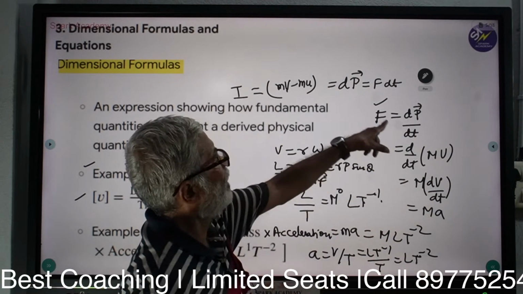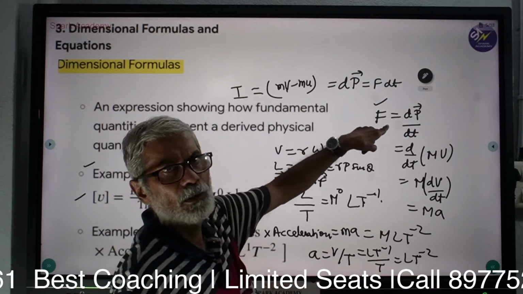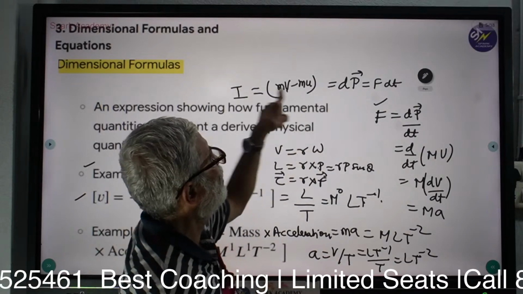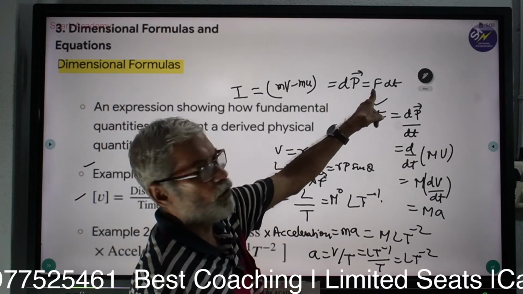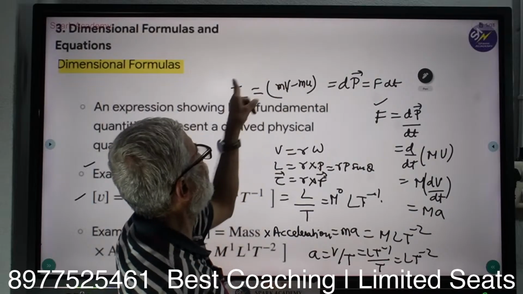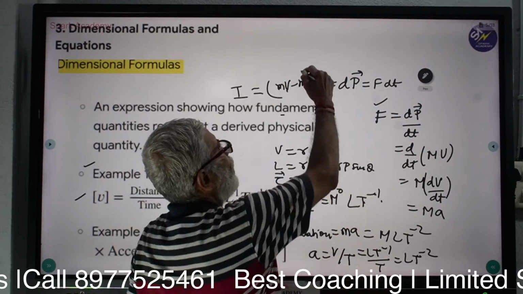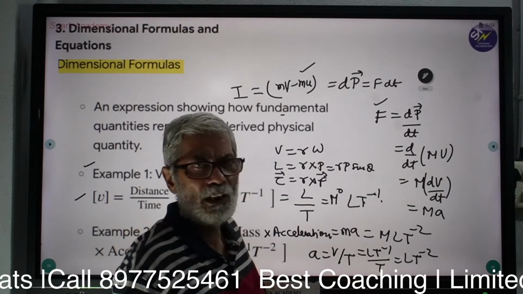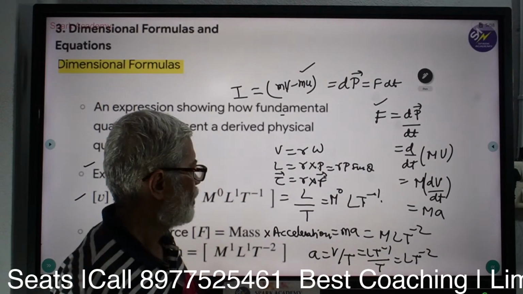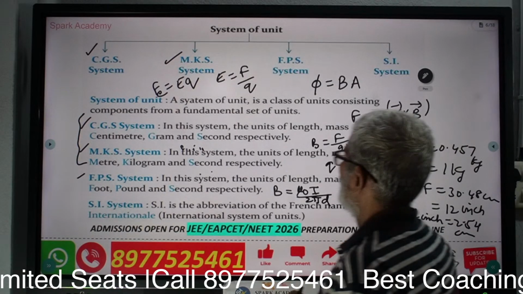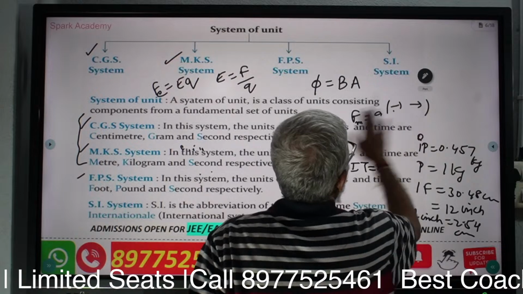You can also get the concept of impulse. Rate of change of momentum, dp is equal to F into dt. So a large force acting for a short duration will give you impulse. Impulse is also equal to change of momentum. This is a very, very important equation for any competitive exam. So now, okay.